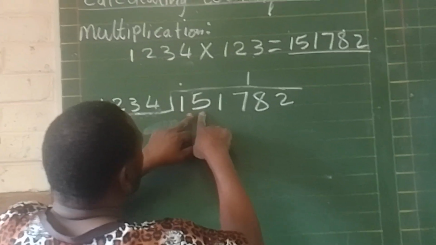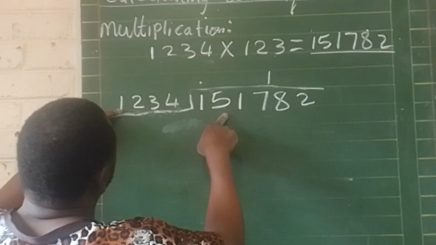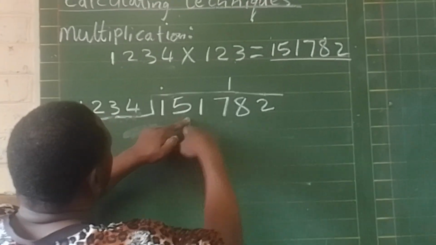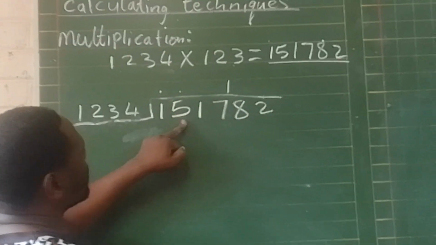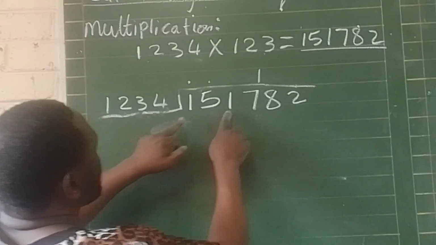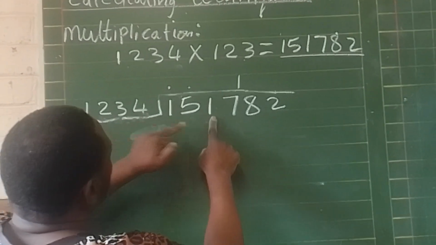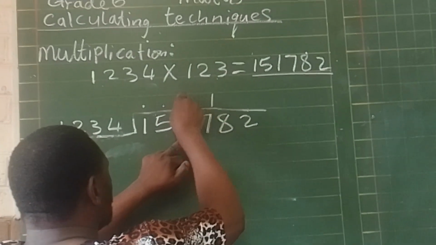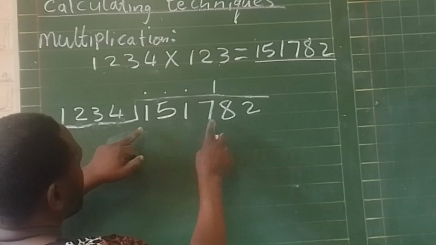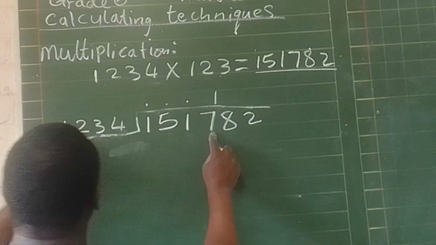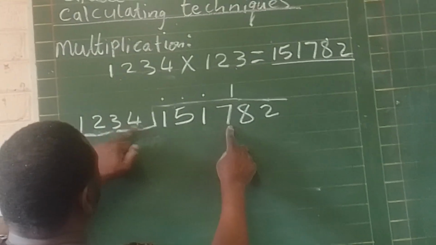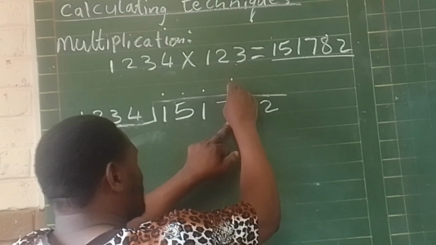You take your 15 divided by 1,234, it's impossible. You come and say 151 divided by 1,234, still impossible. You take 1,517, you divide by 1,234, it's 1.